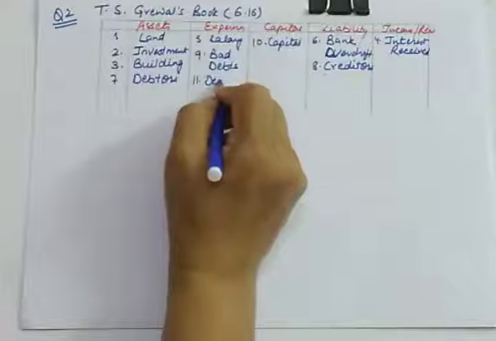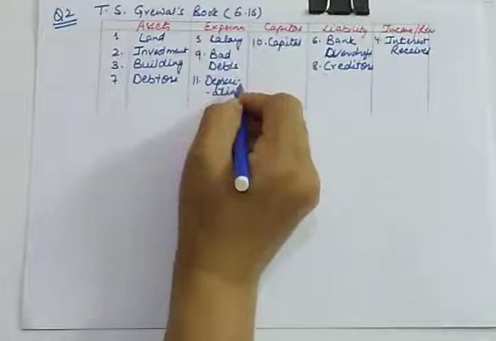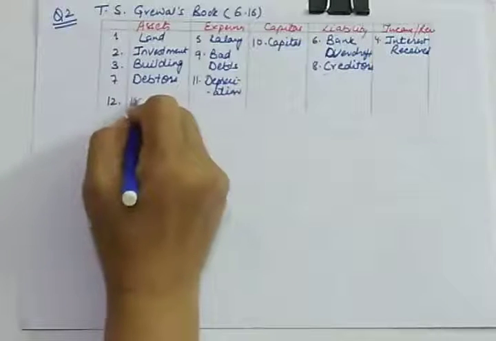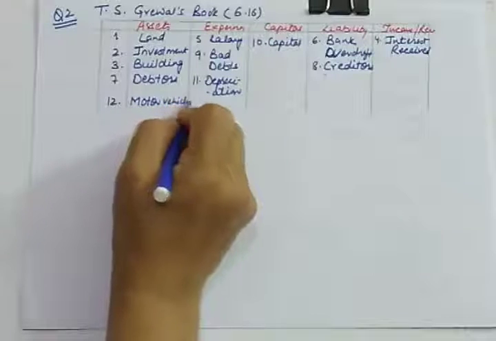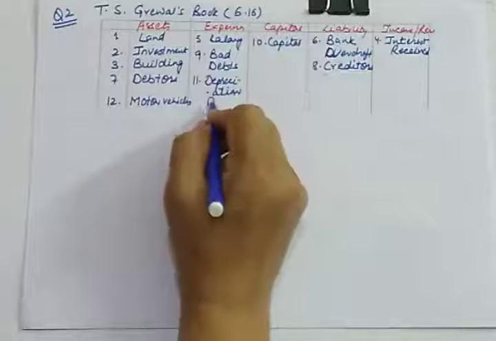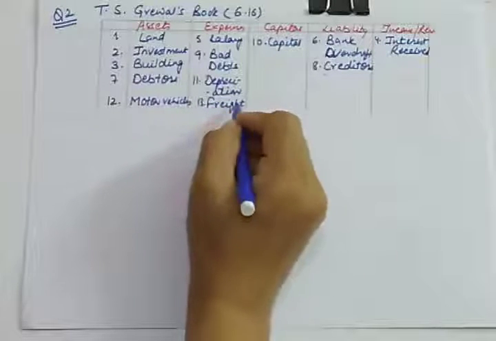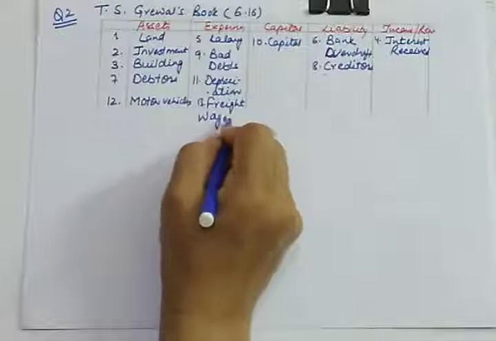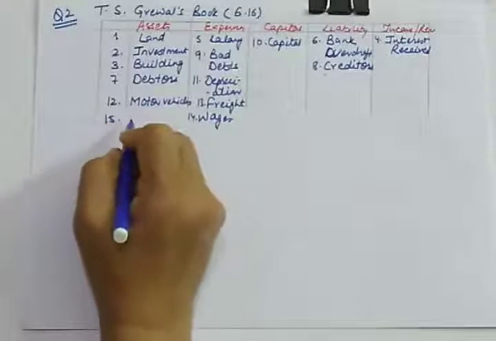Depreciation is your expense. Next is motor vehicle. And next is freight. Freight is your expense. Wages, again expense. Then goodwill.